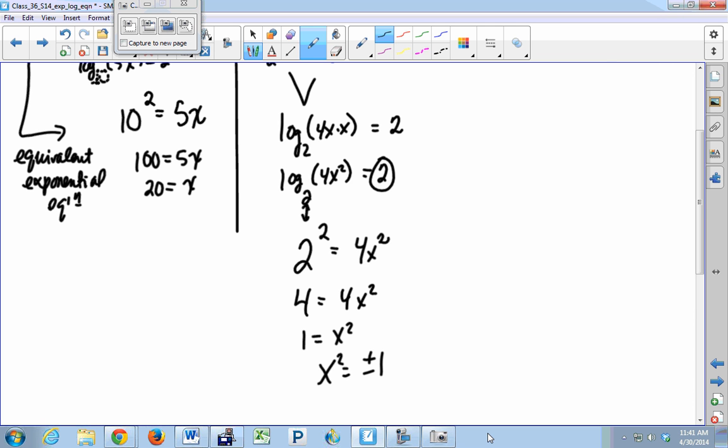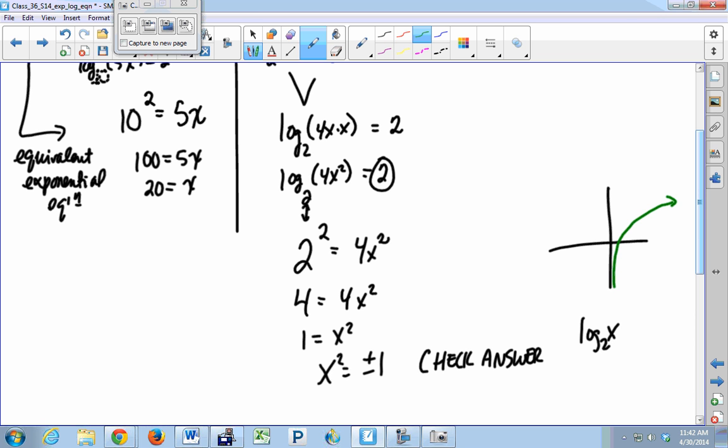Hey, I'm done, right? Nope. Check your answers. Remind me again, we were taking log base 2 of x. What is the domain for my log base 2 function? It can't be negative or 0, right?